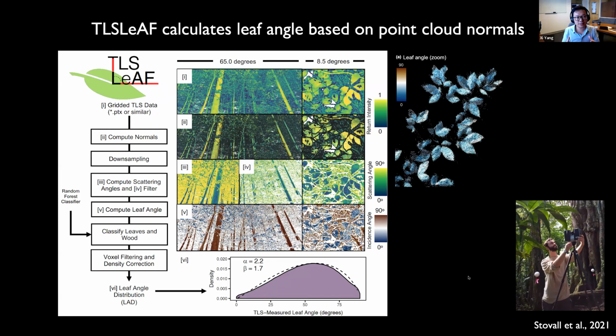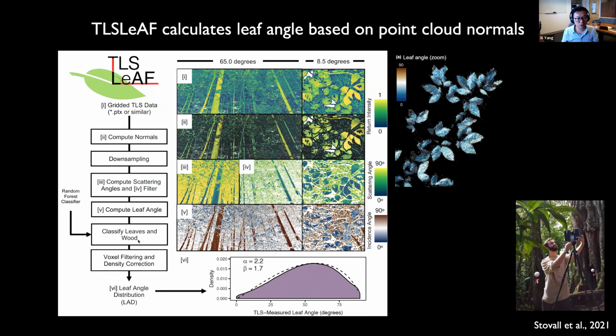Basically, taking the terrestrial laser scanning point cloud, or TLS data, you can estimate the normals of the surfaces. Here's an example: when you zoom in and look at the leaves, you can estimate the leaf angle, not only the mean leaf angle of that leaf, but also the variation of angles of the leaves.